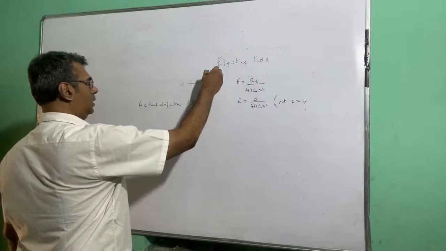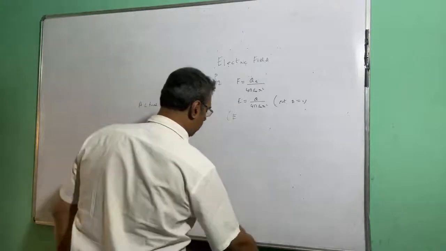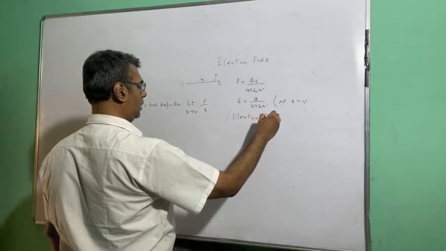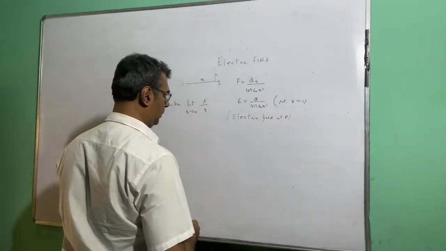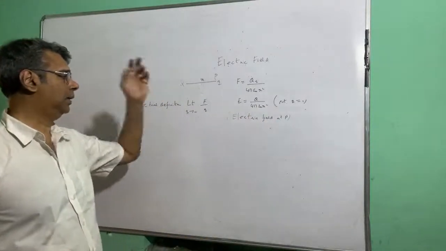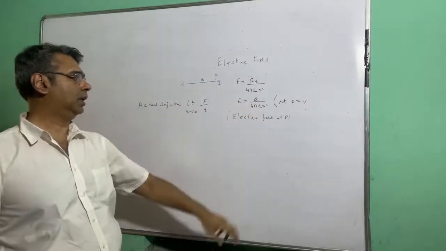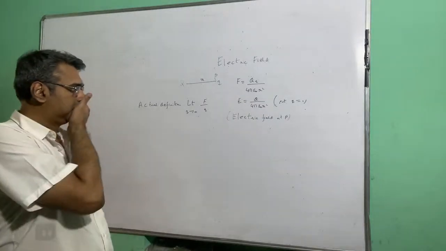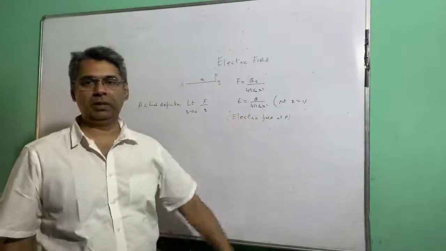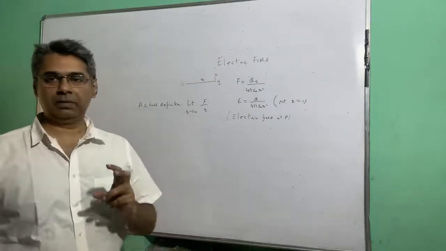Suppose I call this point P. So when I say E, that is the electric field at the point P. This is the symbol E, and it is Q by 4 pi epsilon naught r square. Now this is the mathematical explanation of electric field, but in physical terms there is a bit of a problem.